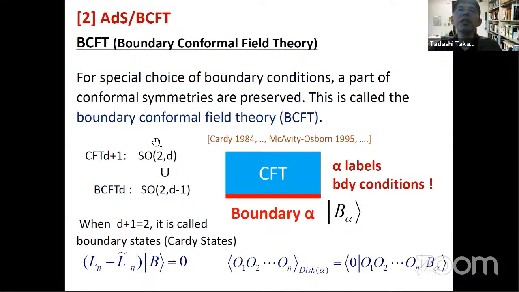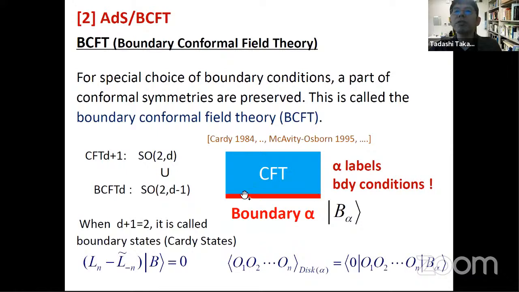In terms of symmetry, a D plus one dimensional CFT has an SO(2,D) symmetry. If we put some boundaries on this D plus one dimensional conformal theory, this breaks roughly half of the conformal symmetry, and half of it is preserved. The remaining boundary conformal symmetry is SO(2,D-1). If we have this symmetry, we call it a boundary conformal theory.